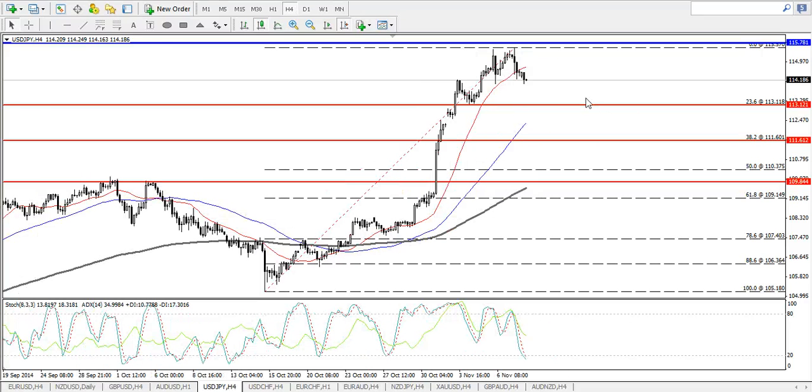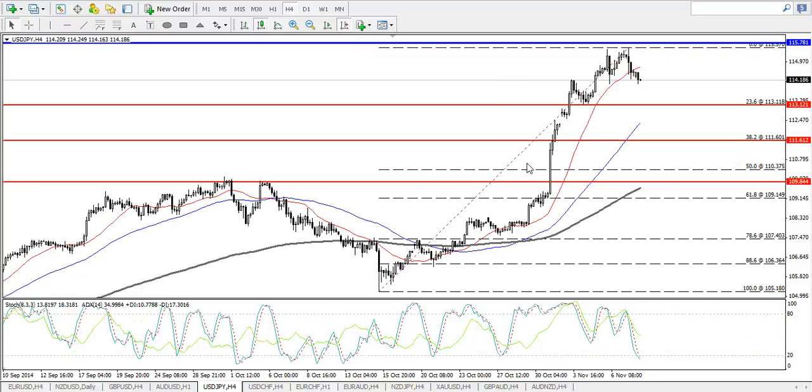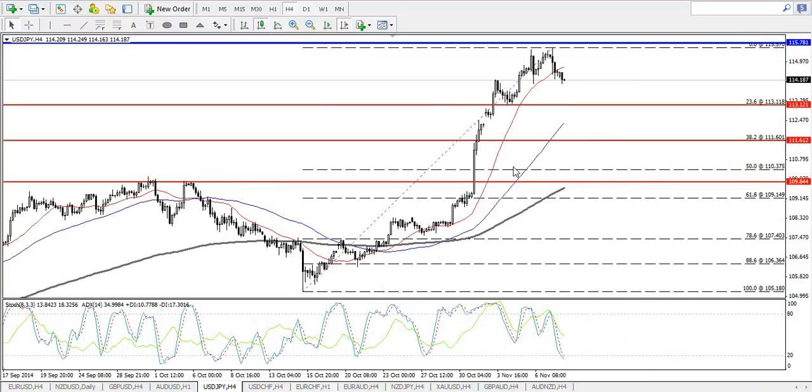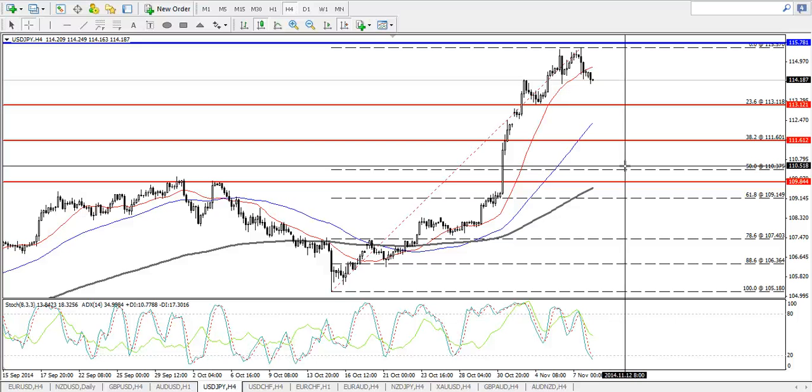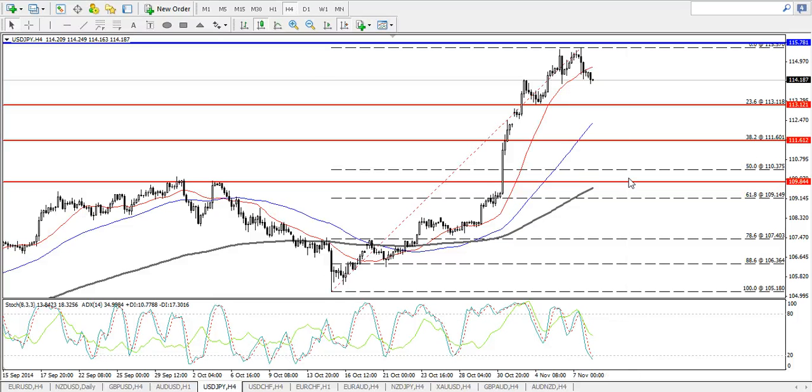Well, that's pretty much for it. And of course, if it were to retrace even further, then we shall look at the price of 109.84, slightly below the Fibonacci retracement level of 50%. So these will be the three levels that we would like to look at.